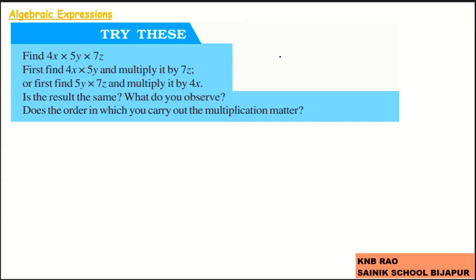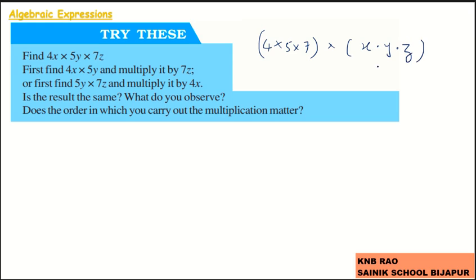Now coming to the very important task. Now we will solve this, try this one. Find 4x into 5y into 7z. So if I am multiplying, I will multiply like this: 4 into 5 into 7, next x into y into z.